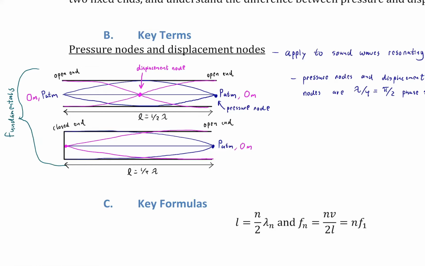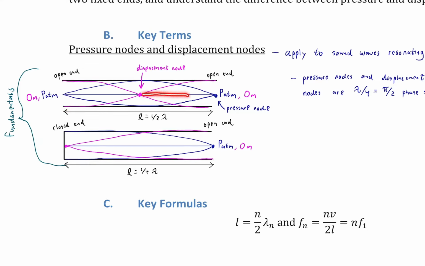Well, because if I was to try to make a longer standing wave, let's just think about the displacement nodes and the displacement aspect of the sound wave. Well, in that case, maybe I'd want an antinode at the end, which I know is the rule because the molecules have to be free to move at the open end. Well, in that case, I'd say, okay, well, then I have to get a displacement node somewhere.